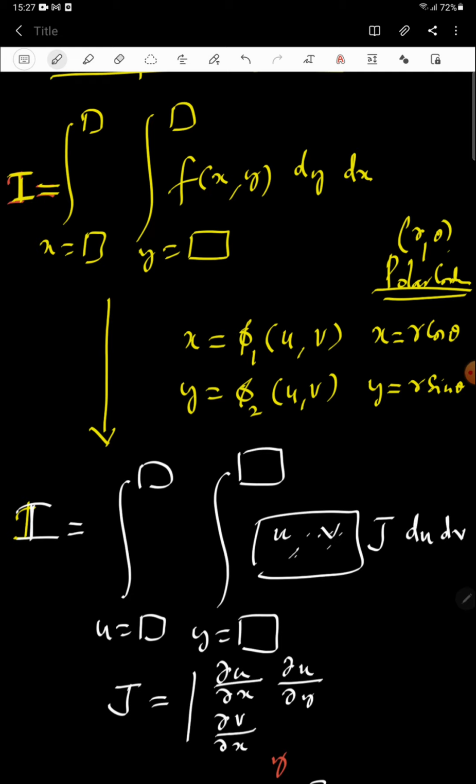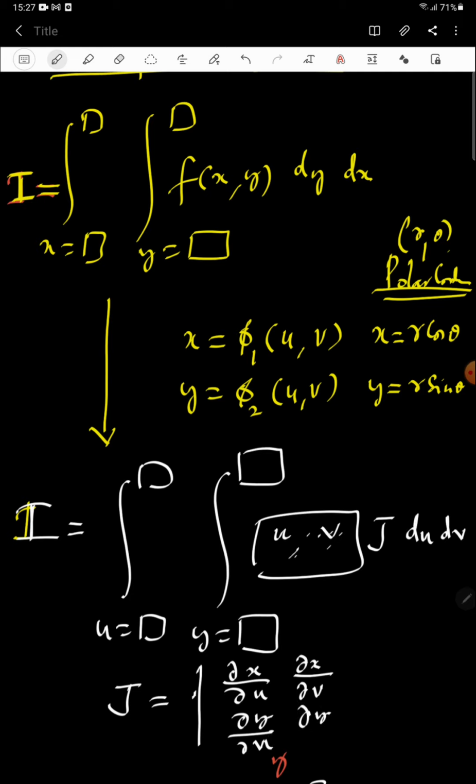Instead of this, I'm sorry, you have to calculate the derivatives with the new variables in the denominator: dou x by dou u, dou x by dou v, and y differentiated partially with respect to the new variables, dou y by dou u and dou y by dou v.